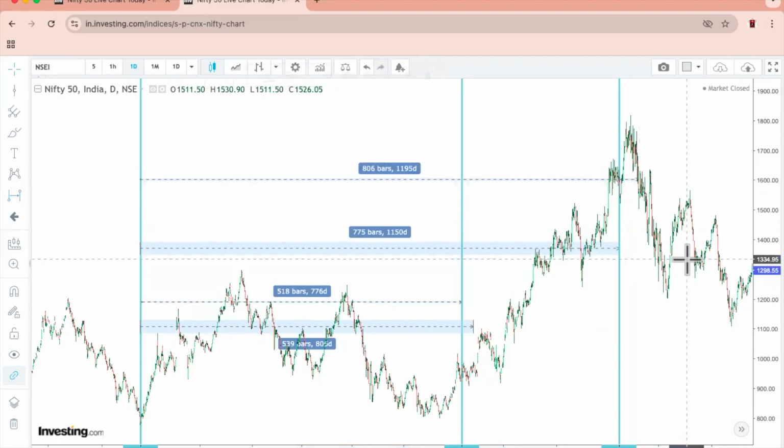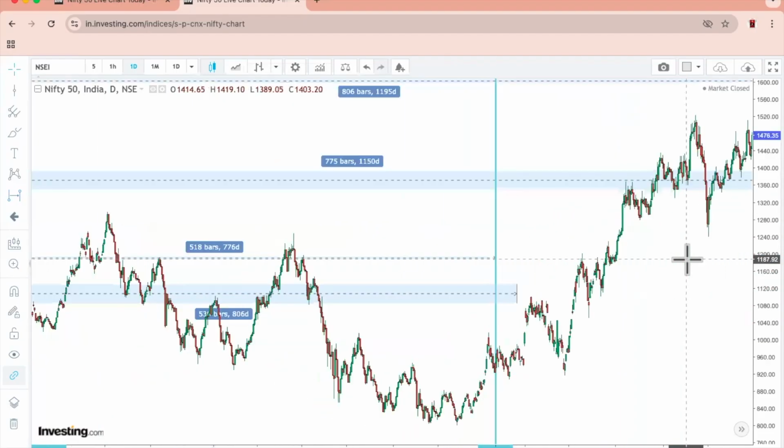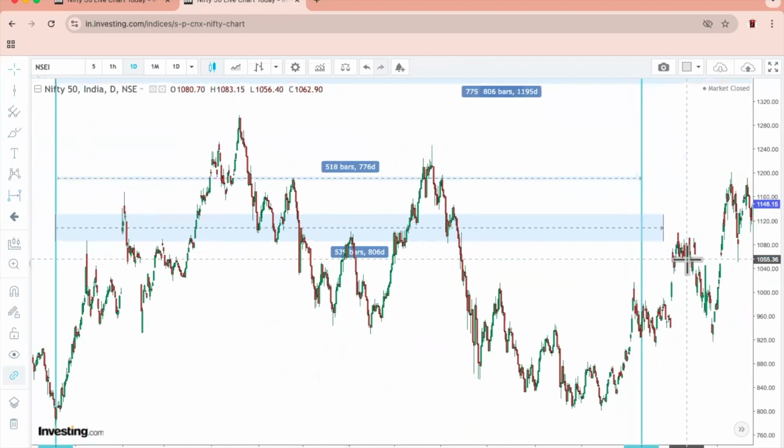So this is there. Now we have both the low and high of the candle. And we have seen that probably this is coming somewhere around nearer to a range. This is also coming nearer to a range. If we consider this, probably this is just nearer to the high. And if we consider this, this is probably again nearer to this high. This is for the number of calendar days.